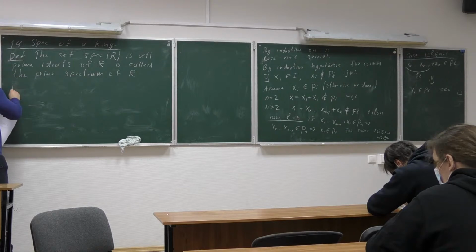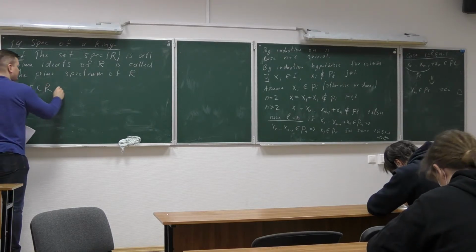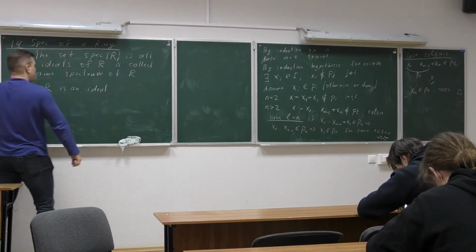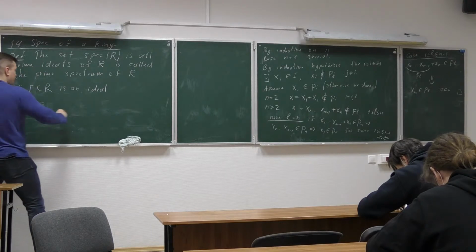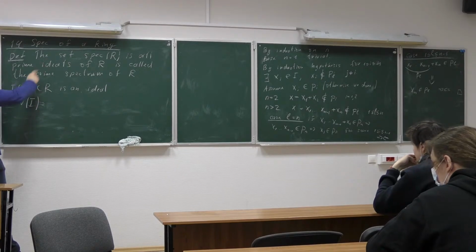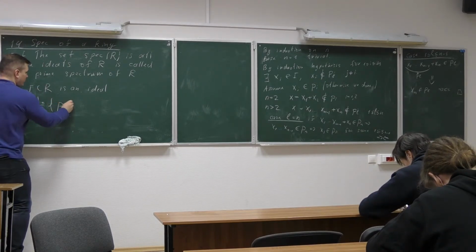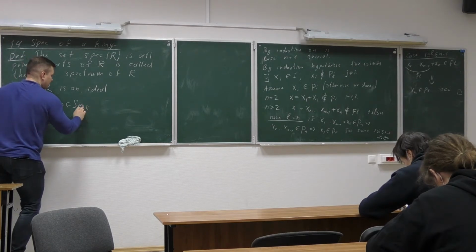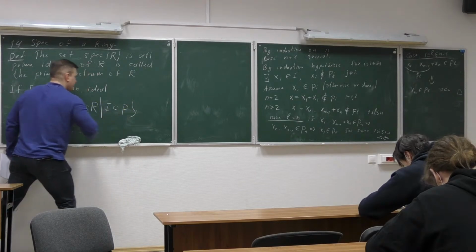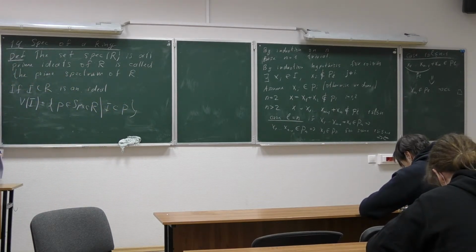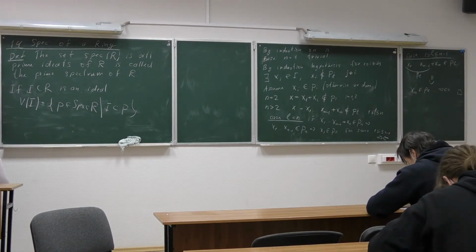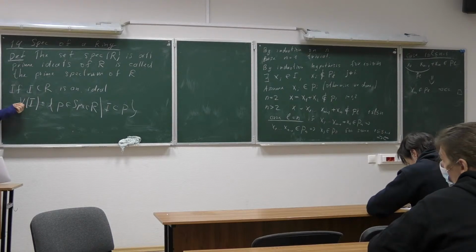If I have an ideal I in the ring R, then I can define the V of I. This will be a subset in the Spec of R, but this is by definition all elements P in the Spec of R such that I is a subideal of P. So V stands for the vanishing set.